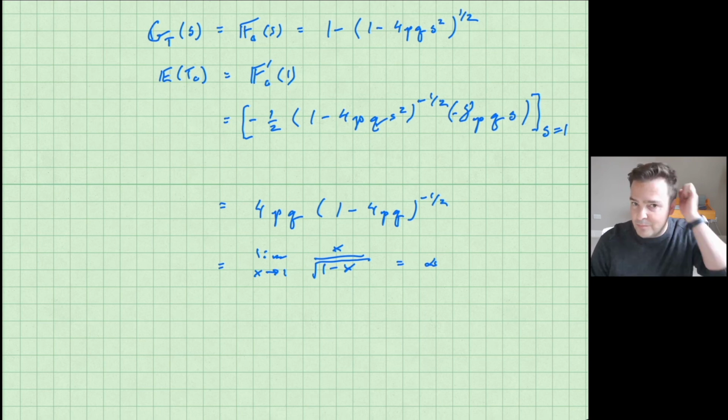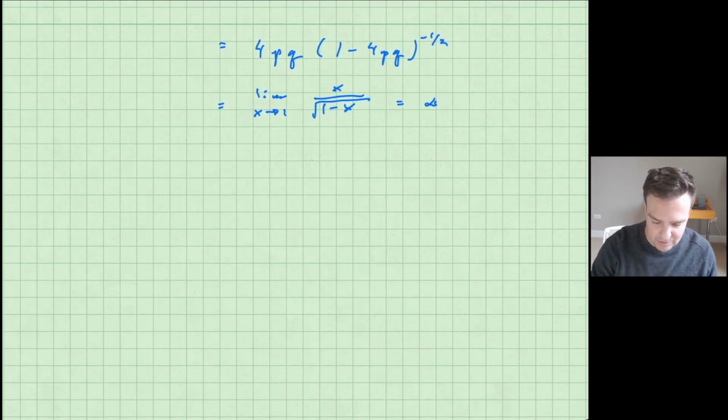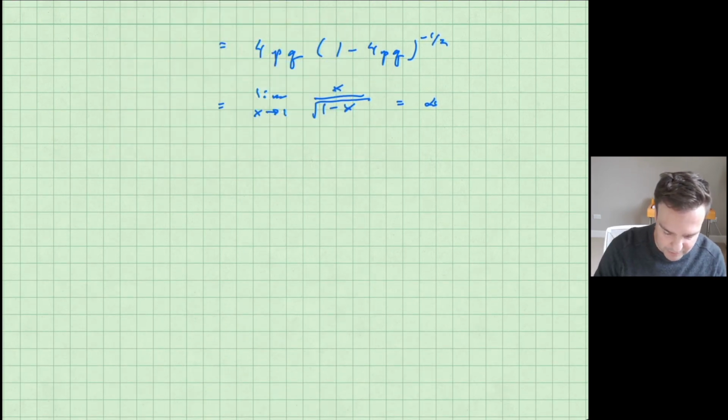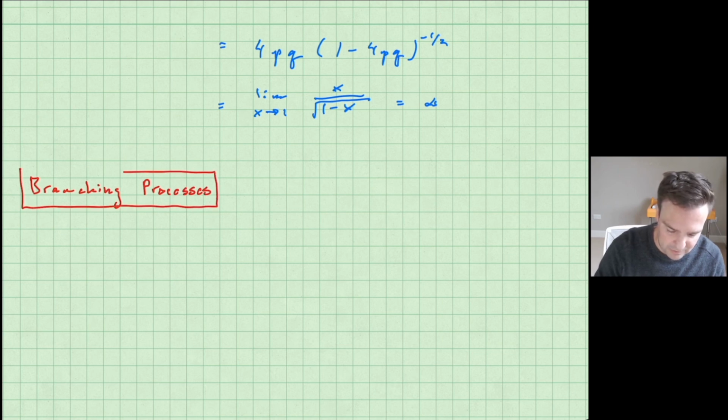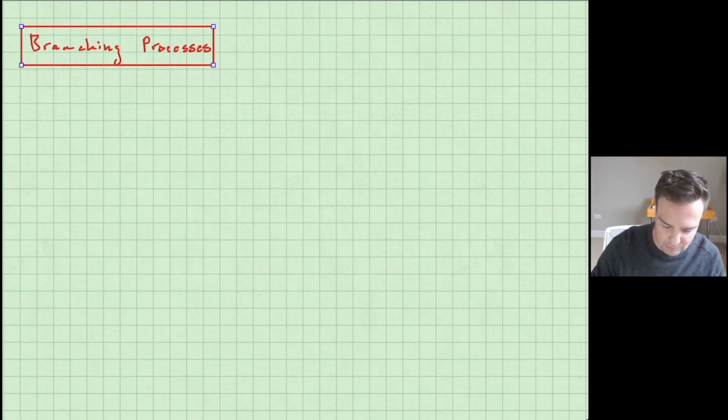And I have a minute or so, so I'm going to do just a brief preview of what's coming up next. Our next topic is called branching processes. There's a lot of things that can fit into this structure that we're going to introduce, and so at the start I'll just leave it as an arbitrary thing.